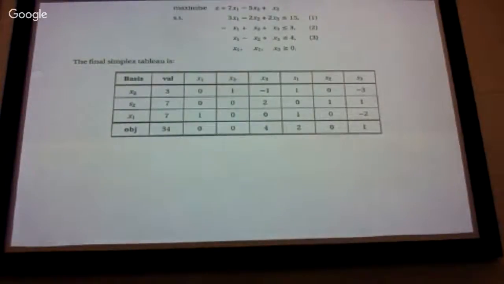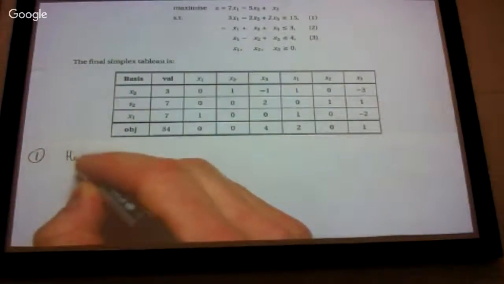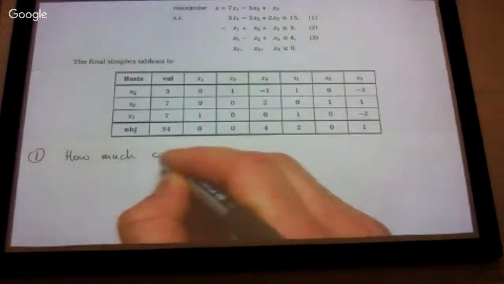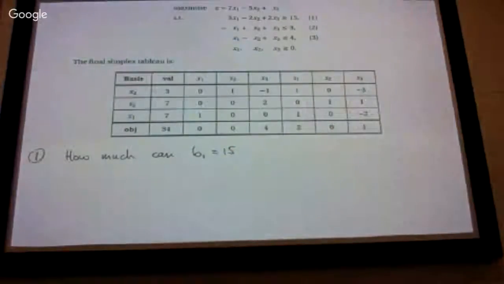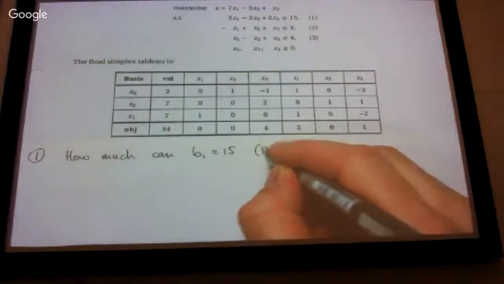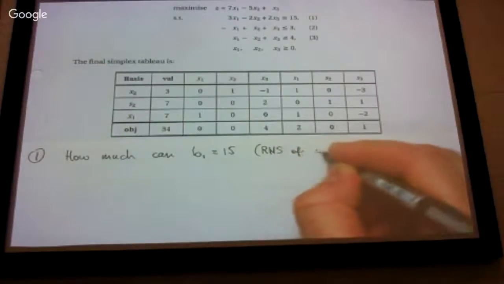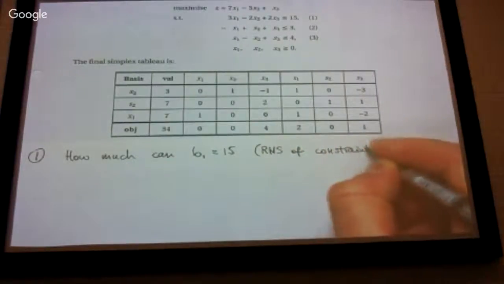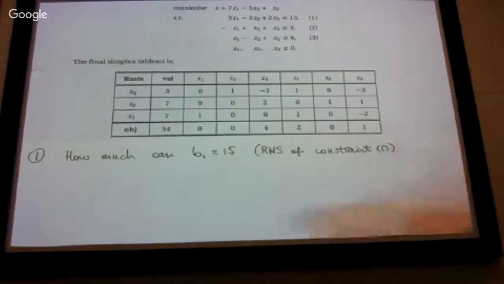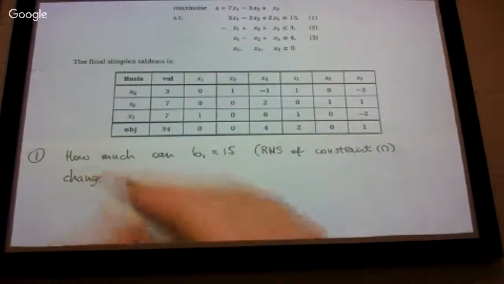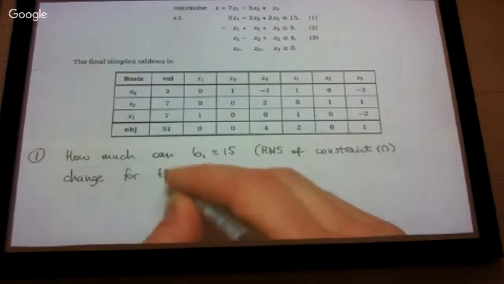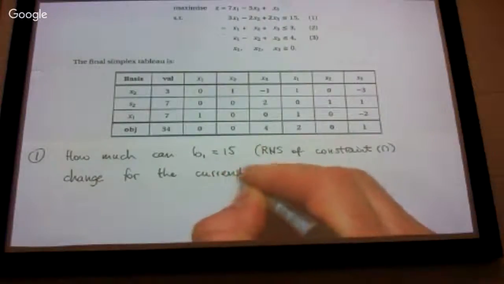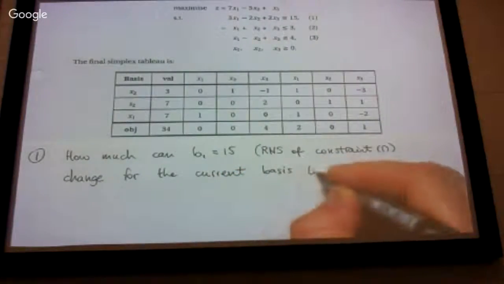So the first question is: how much can B1, which currently is 15, so that's the right-hand side of constraint 1, change for the current basis to remain optimal?